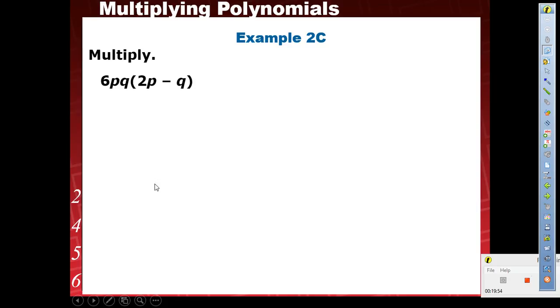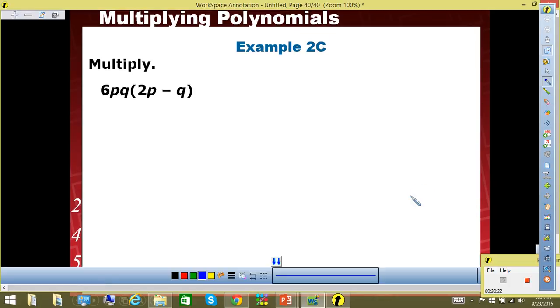Boom. Copy this one, please. Example 2C. 6pq times, parentheses, 2p minus q. So now inside of the parentheses, what kind of polynomial is this, everyone? If it has two terms? Binomial. Okay, so now we have a monomial times a binomial. And we're going to do this both ways, distributive property and area model.